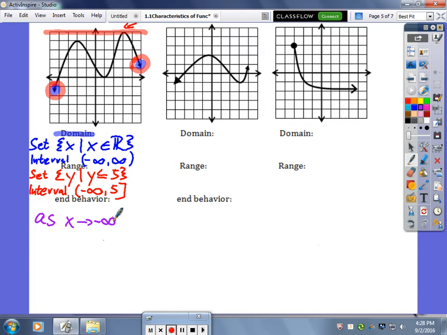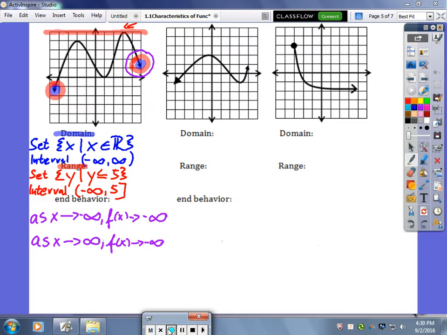Well, f of x, in other words, our y values, also go to negative infinity. And as x goes to positive infinity, over here, f of x continues this time to also go to negative infinity.